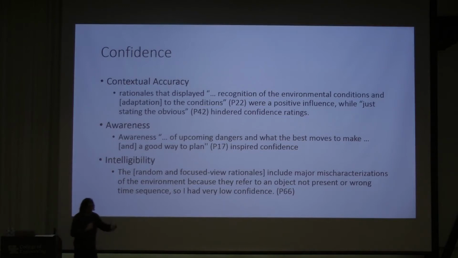In general, each of these affects it in a way that you would expect. For instance, the higher your contextual accuracy, the higher your confidence in the system. Rationales that display recognition of the environmental conditions and adaptation to those conditions were a positive influence, whereas if we just stated the obvious, that's a negative influence. So this is one of the more straightforward ways that these phenomena affect our perceptions of explanations.